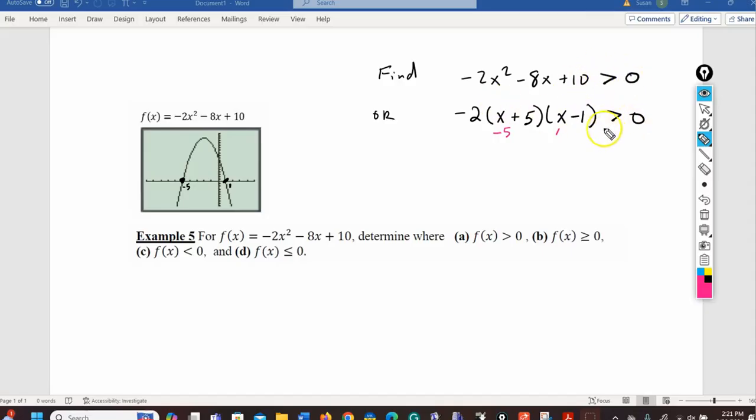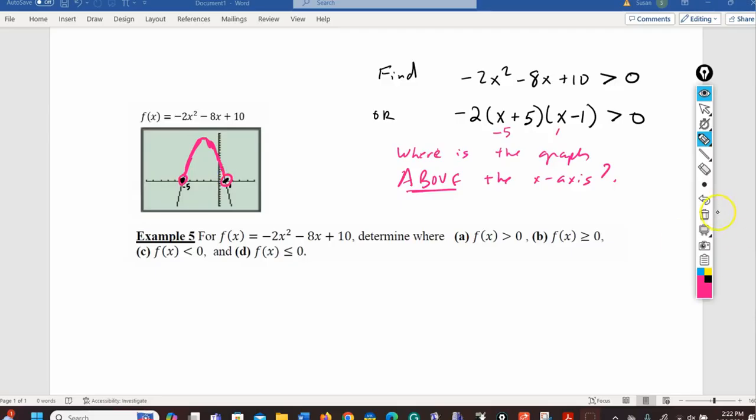If it wants to know what makes this true, the question is, where is the graph above and strictly above the x-axis? Well, in what I'm fixing to draw in red, this part of the graph is above the x-axis. Now, do we include the x-intercepts? Not for this, we don't. Where is it strictly above? So I'm hollowing those out because they're not included.